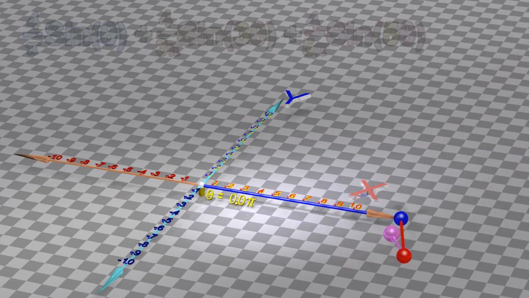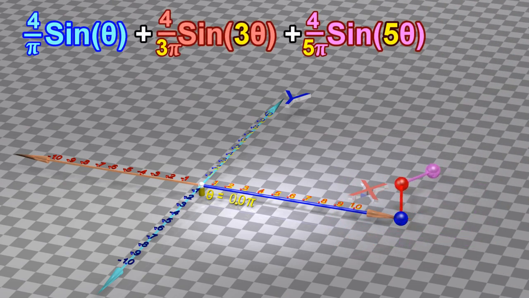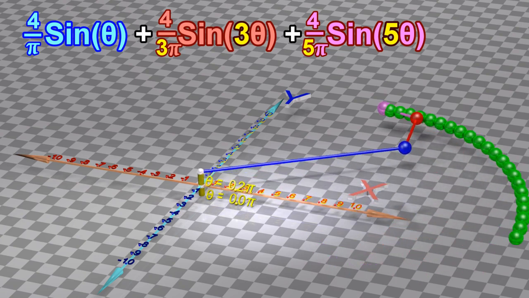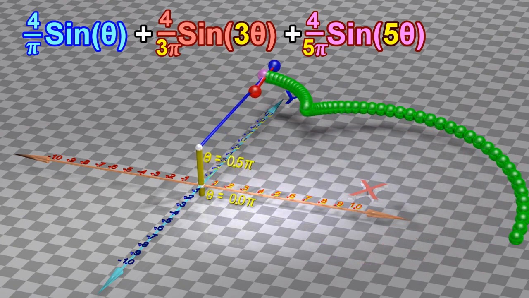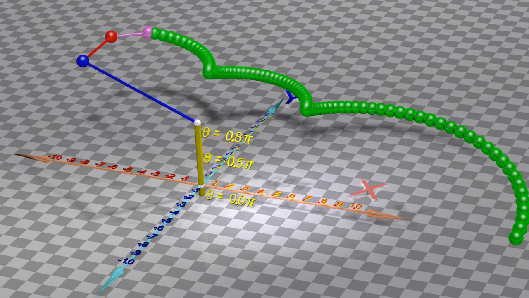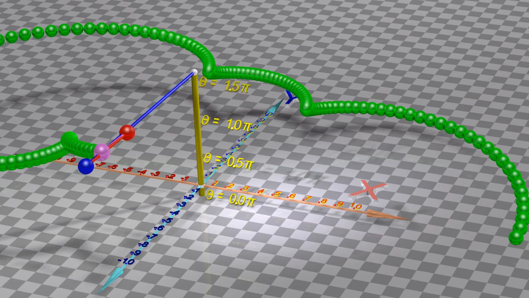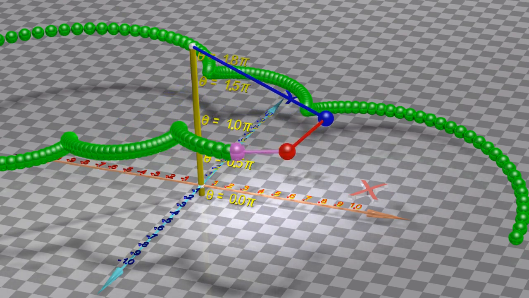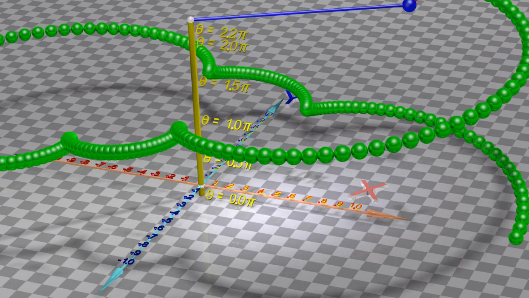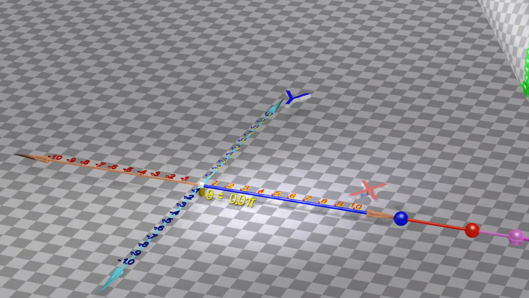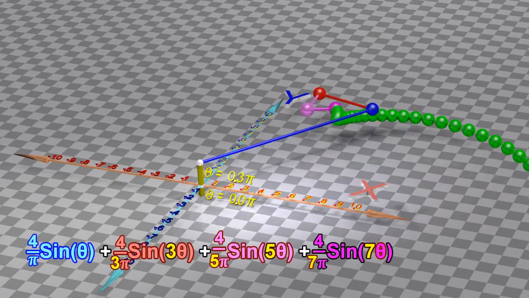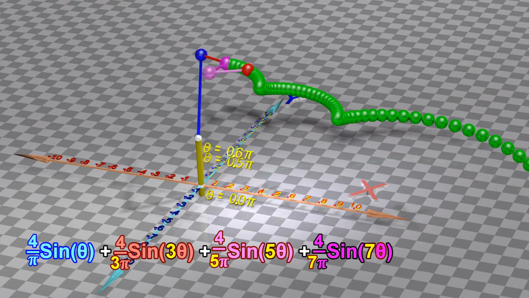We can add together 3 sine waves. We can add together 4 sine waves.